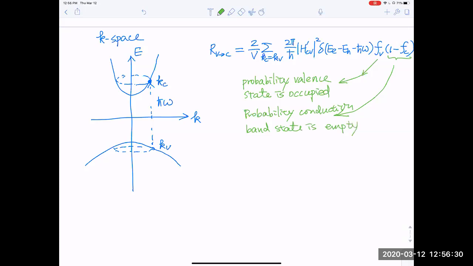So there's a place for the electron to land after the transition. So this is a whole band transition. The only constraint is that the energy difference is equal to the photon energy. And then you sum over all the states, and you will get the total absorption rate.